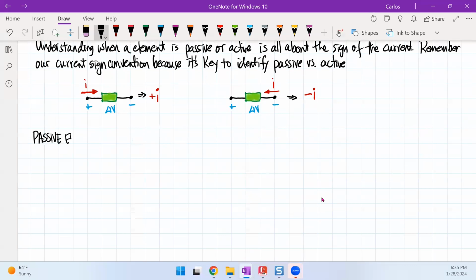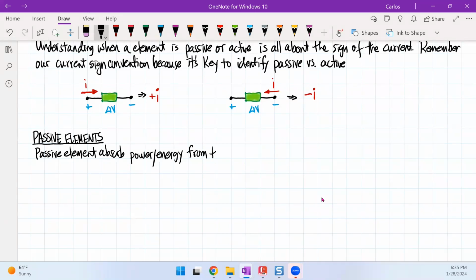Passive elements. As already stated, passive elements absorb power/energy from the power supply.